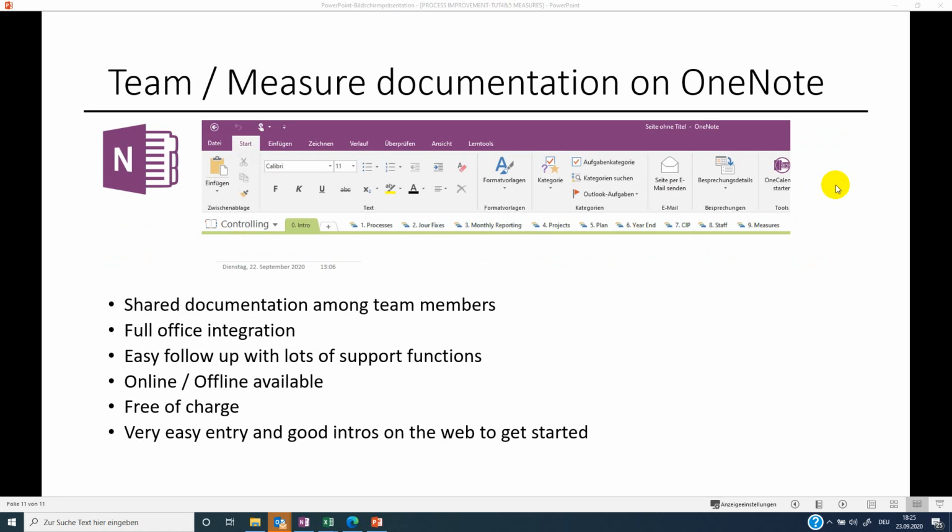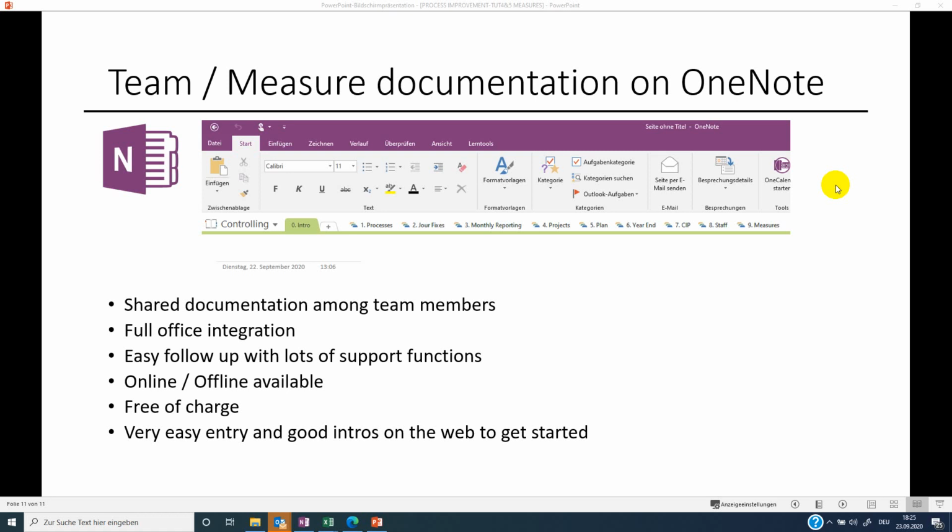Again, last but not least, a short look into OneNote and what it can do for you. It's more or less an online notebook with a lot of functionality that helps you organize and can also be shared within the organization, so it can be used by several people at the same time.